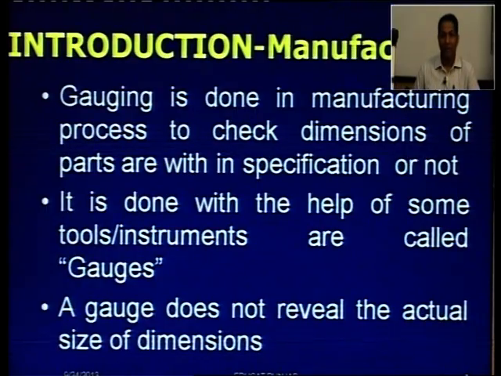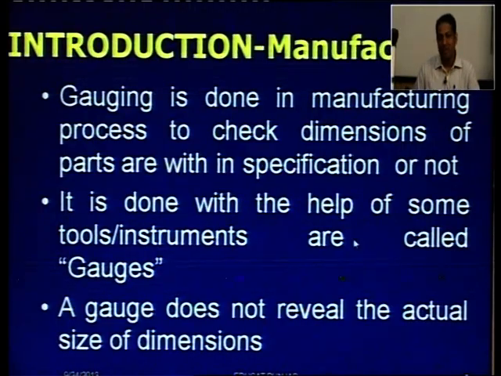According to that, we will decide whether to accept or reject the component. So, these are quality control instruments, with the help of which we check the different dimensions and shapes of the components which we manufacture in our industry or in our lab.